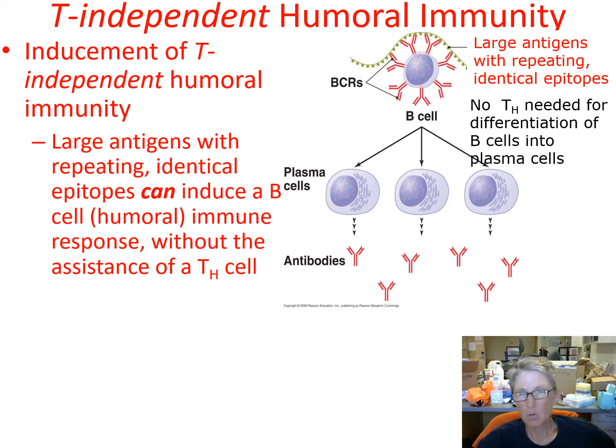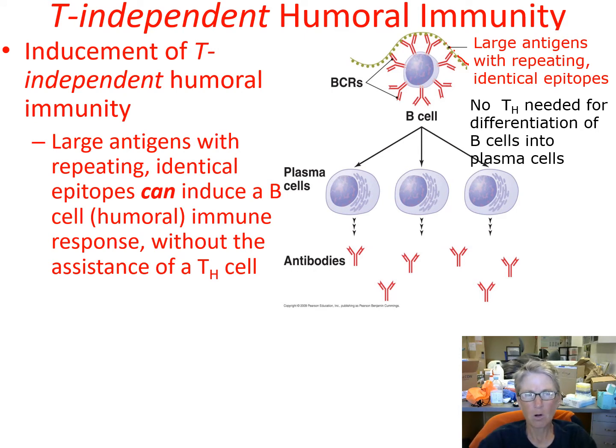How do you induce T-independent humoral immunity? You can use these large antigens. They called it a polysaccharide in the last cartoon, but here we're calling it just a large antigen with repeating identical epitopes. Each one of these little green balls is a repeating identical epitope, and it's recognized by these B cell receptors on the B cell.